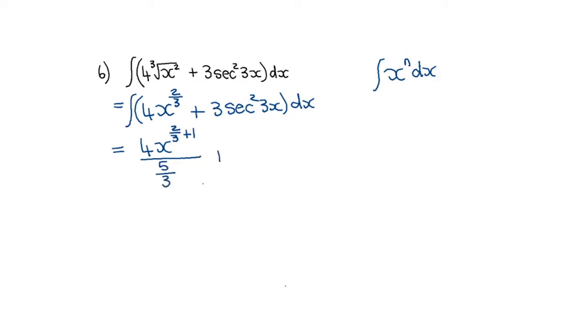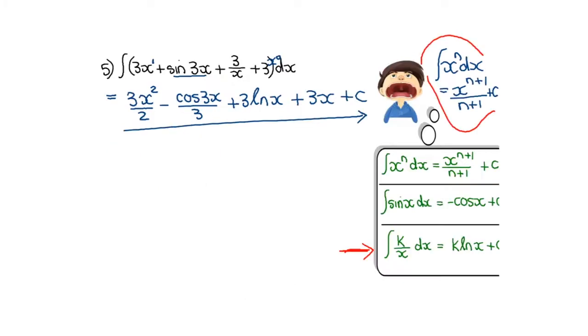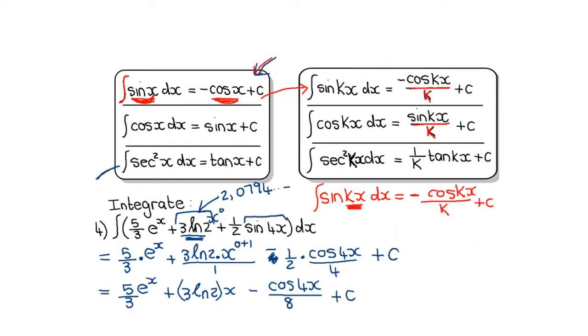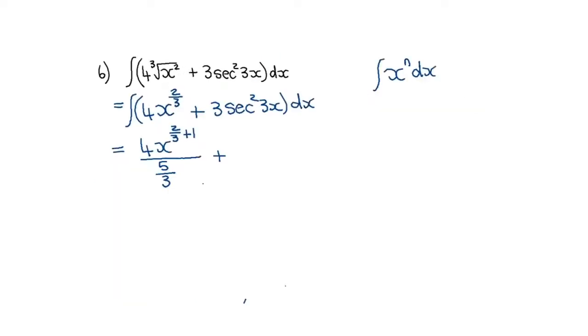Plus, now if I go back to this set of rules, the integral of sec squared x is tan x. So I will write down the constant. I remember the integral of sec squared x is tan x, so it will be tan 3x in this case, but then I have to remember to divide by 3, plus the constant. And now it's just to simplify.